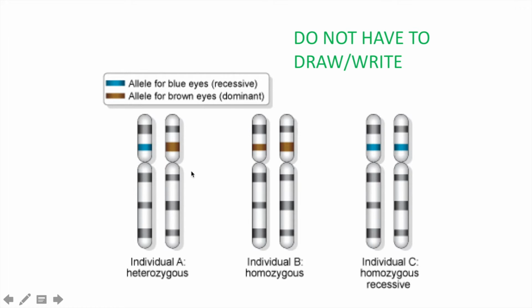On this particular chromosomal pair, this one is heterozygous, which means that if the brown eyes are dominant, this person here would have brown eyes. Over here, we have 2 alleles that happen to be the same color. So of course, this person, homozygous, will have brown eyes. Over here, on this last chromosomal pair, we have 2 alleles for the recessive trait, and this person is homozygous recessive and will show blue eyes.